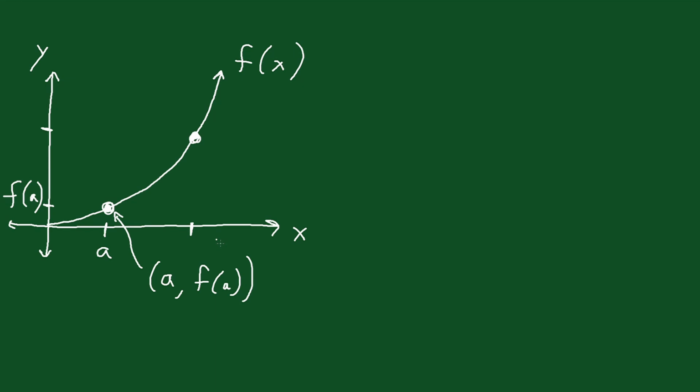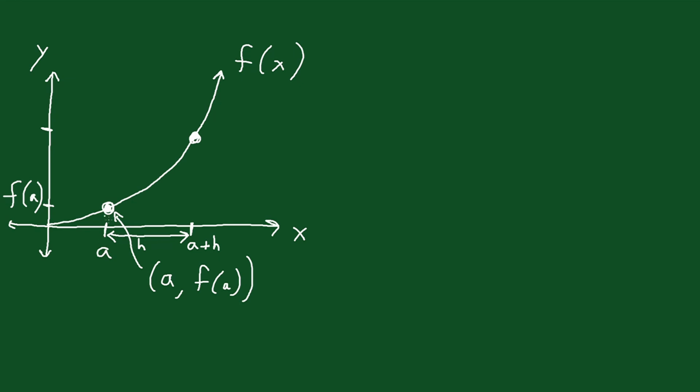One thing, though, that I want to make clear is that the distance between these 2 points in the horizontal direction, so the difference between a and this x value over here, that distance I'm going to call a distance of h. And if I do that, and this value here is a, then this value over here will be a plus h, because it is a value of h greater than a.